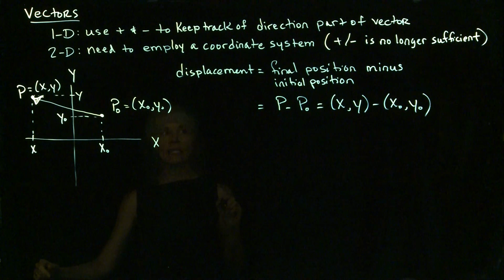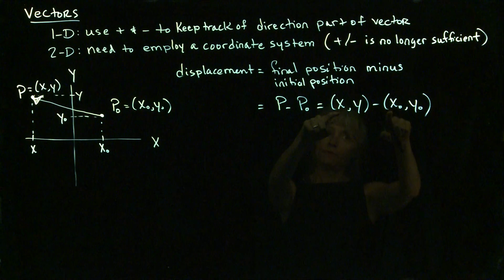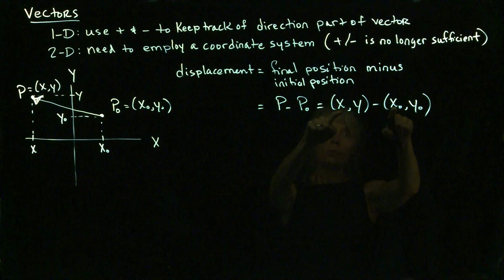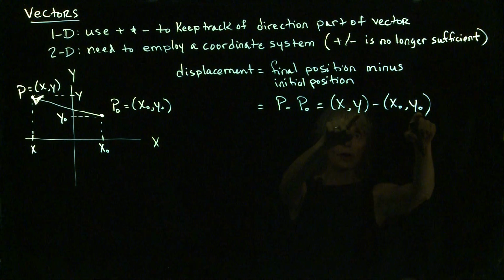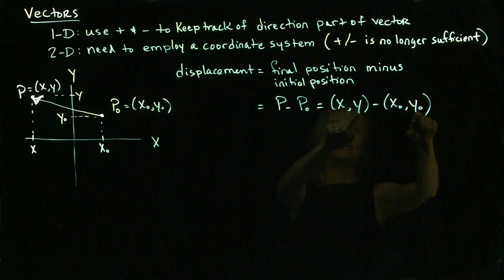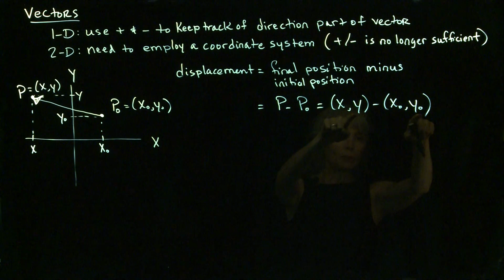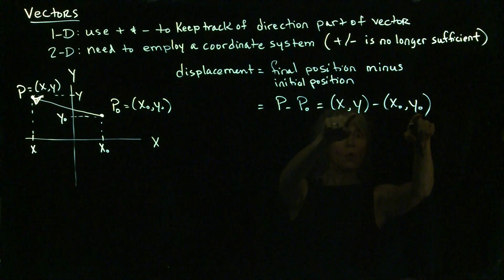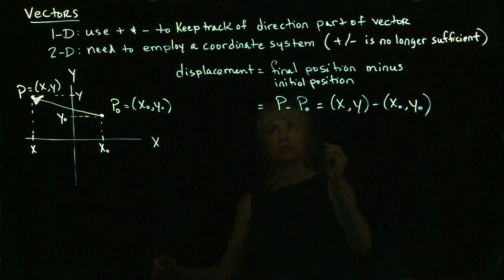Well, notice that we have a final position in x and an initial position in x. These two are coupled together to give the displacement along the x-axis. The final position in y and the initial position in y are coupled together to give the displacement on the y-axis. So we're still using pluses and minuses, but now we're using them both along the y-axis and along the x-axis.